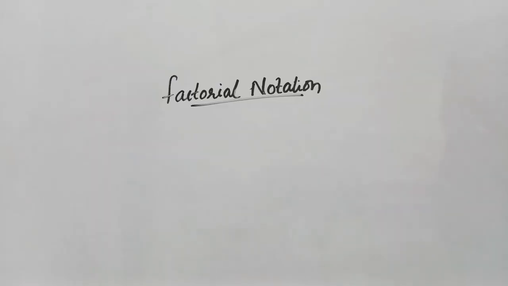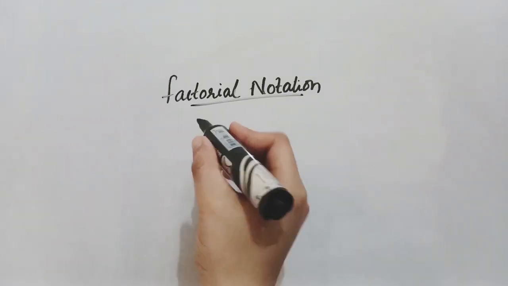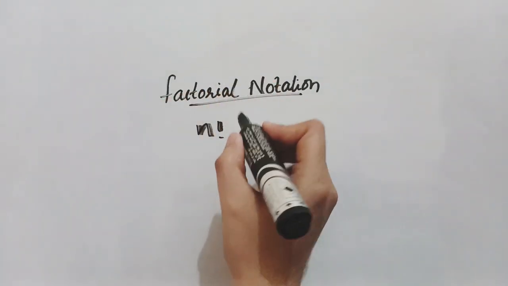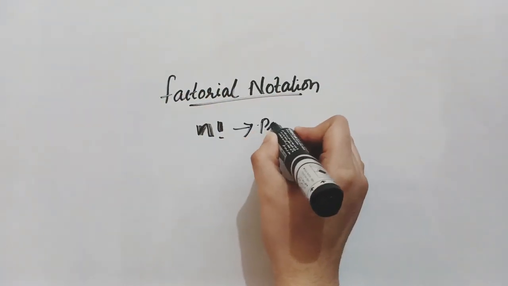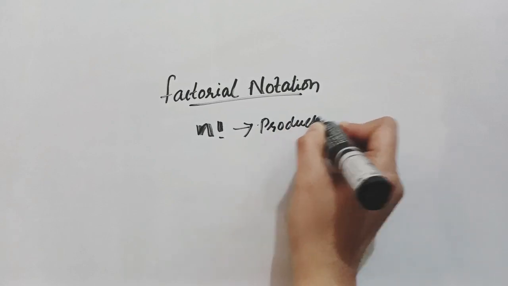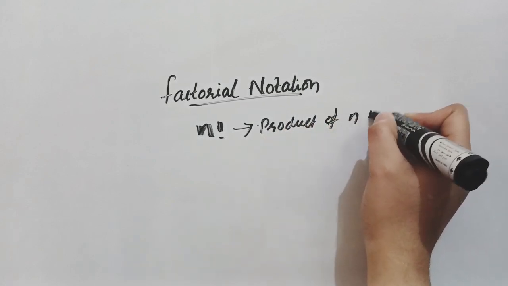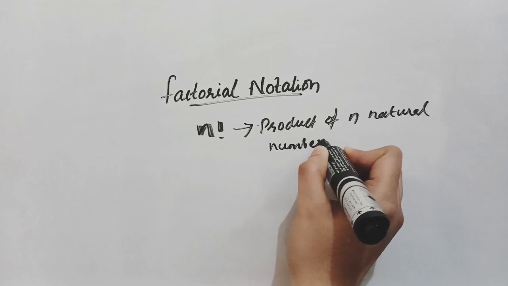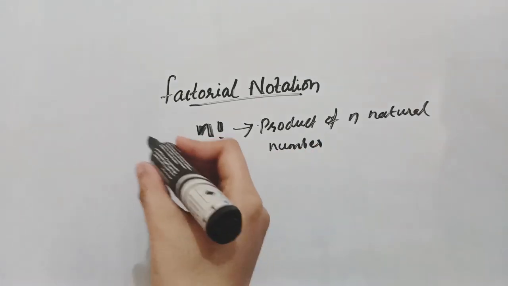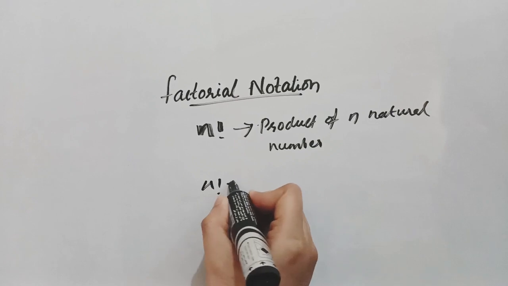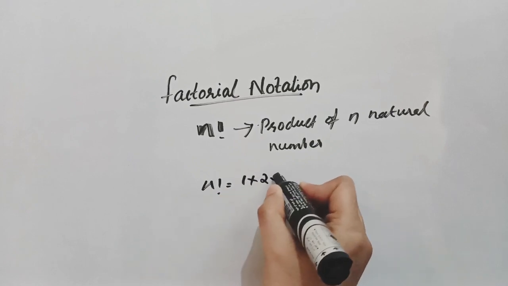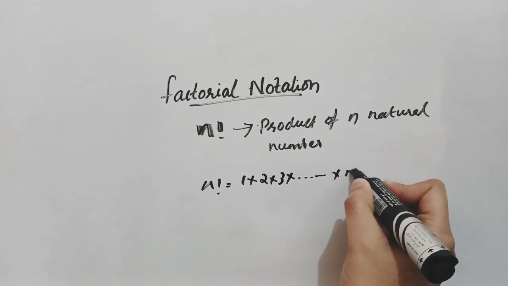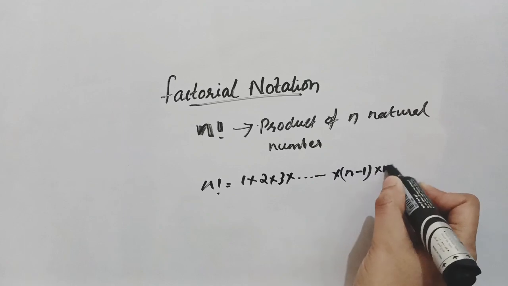Let's discuss factorial notation. The notation n factorial represents the product of the first n natural numbers, that is, n factorial equal to 1 into 2 into 3 into etc. into n minus 1 into n.